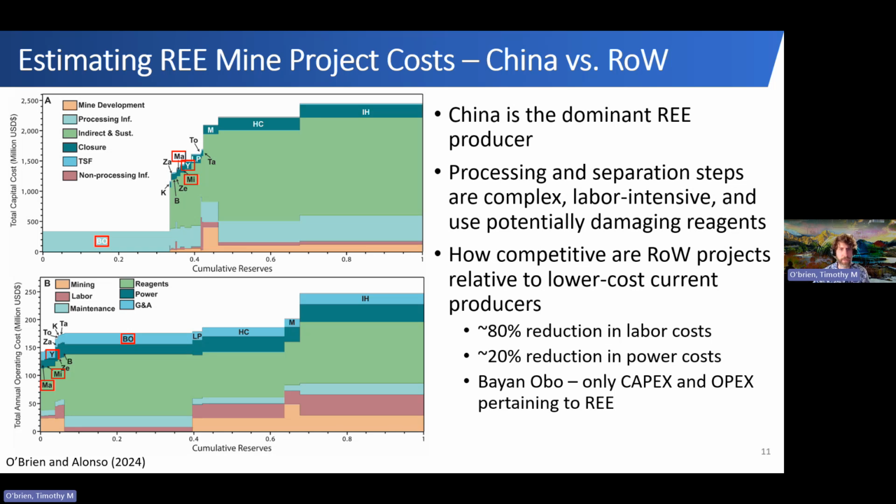And one of the projects that were included is the Bayan Obo, which is an iron oxide mine, which produces rare earths as a byproduct of that iron ore. And so, only costs pertaining to the rare earths were included.